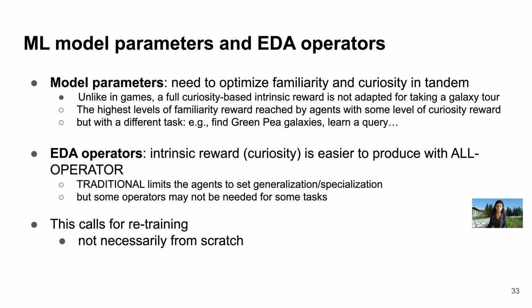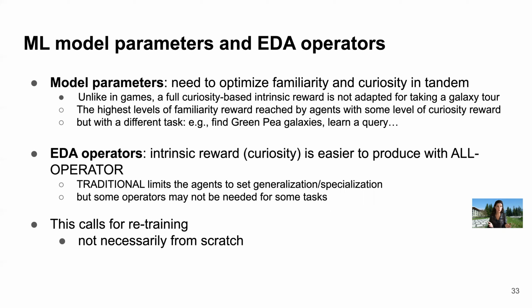So the highest level of familiarity reward is reached by agents with some level of curiosity reward, and that may appear counterintuitive, but that's what the data is showing, right?